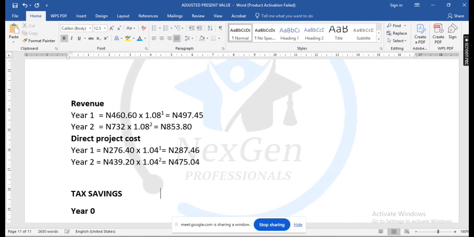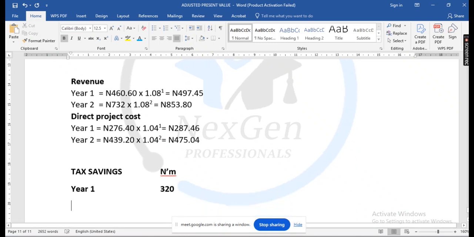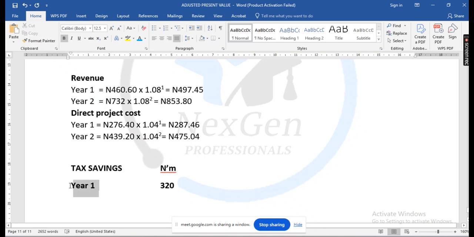It is 320. Year 1. We need to, this 320 is the cost of the assets. I'm coming. Let me remove this here. Control C.